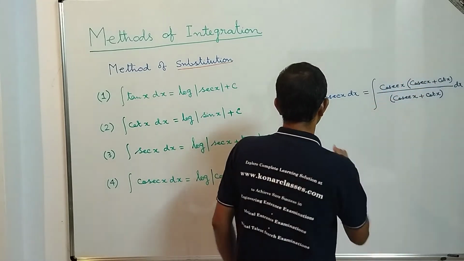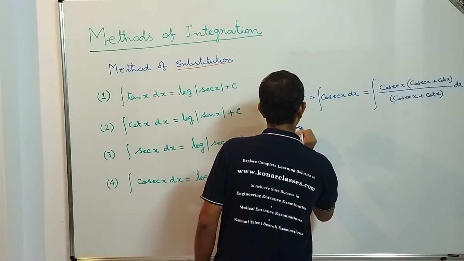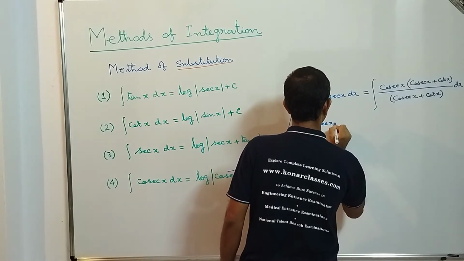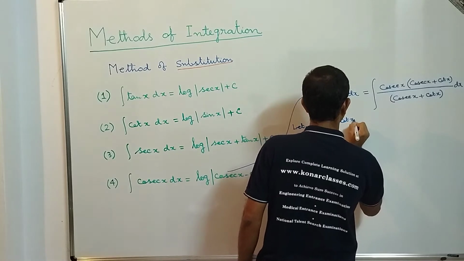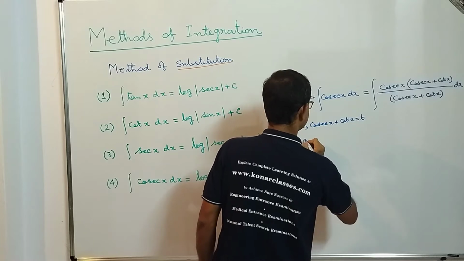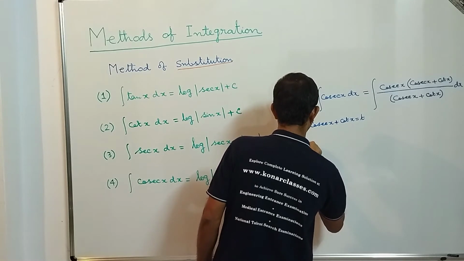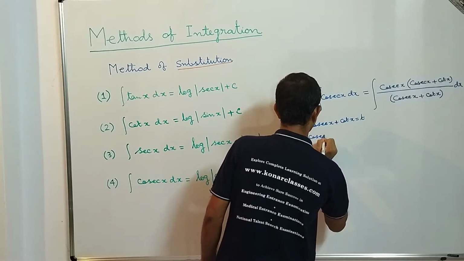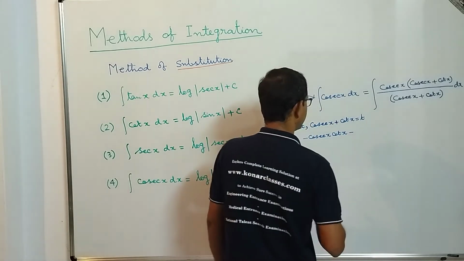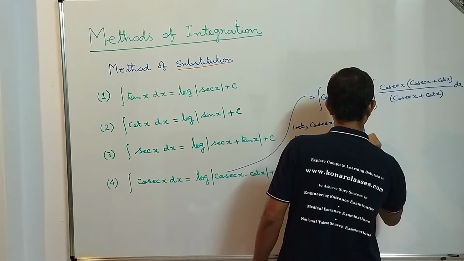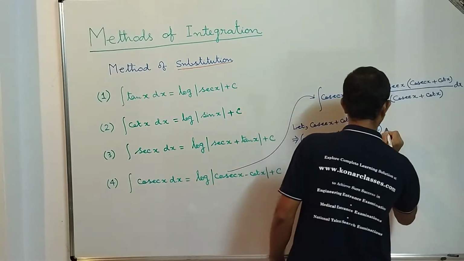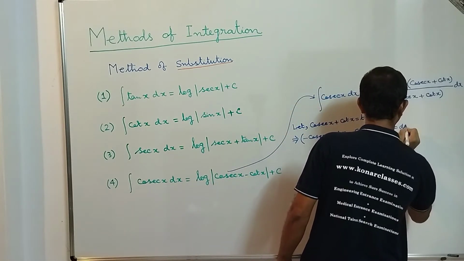So the substitution we can make is: let cosec x plus cot x equal to t. This implies that the differentiation of cosec x is minus cosec x into cot x, and the differentiation of cot x is minus cosec square x, and complete dx is equal to dt.